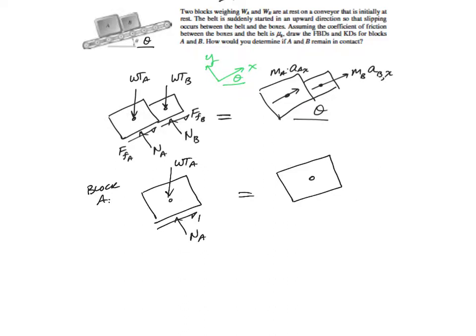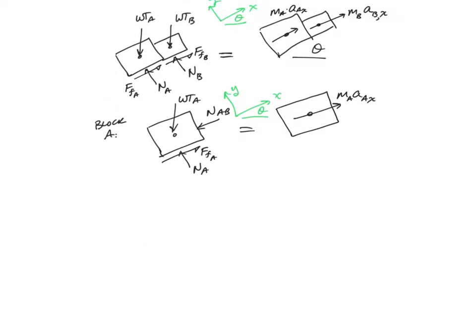I've got that force of friction on A, and when I remove block B, I've exposed a normal force between blocks A and B. Over on the right-hand side, I've just got the mass of A times the acceleration again in the x direction. So I'll go ahead and put my x, y at an angle theta. So there would be my FBD KD for block A.